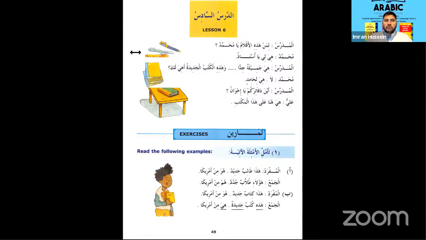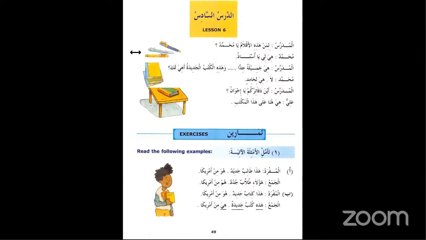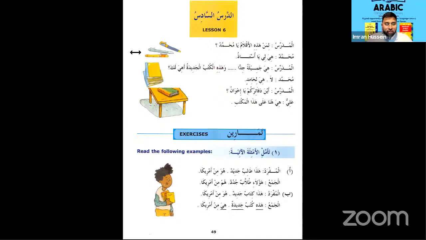When we refer to human beings, we say ha'ulai rijalun. But when it's referring to non-living, we will treat them as singular feminine. We'll treat all of the plurals of non-living as singular feminine.